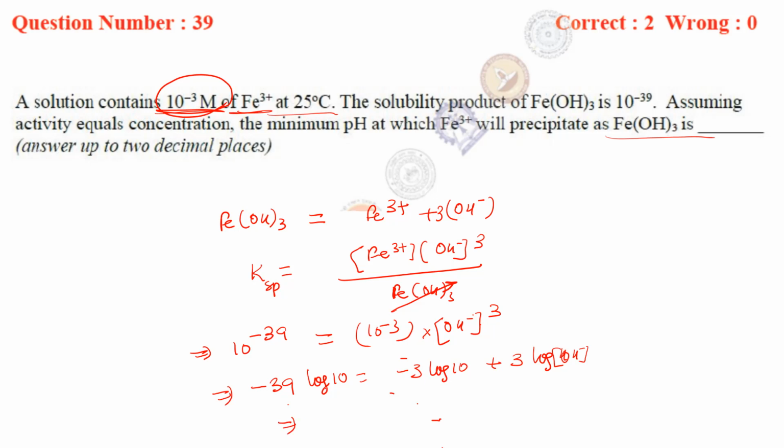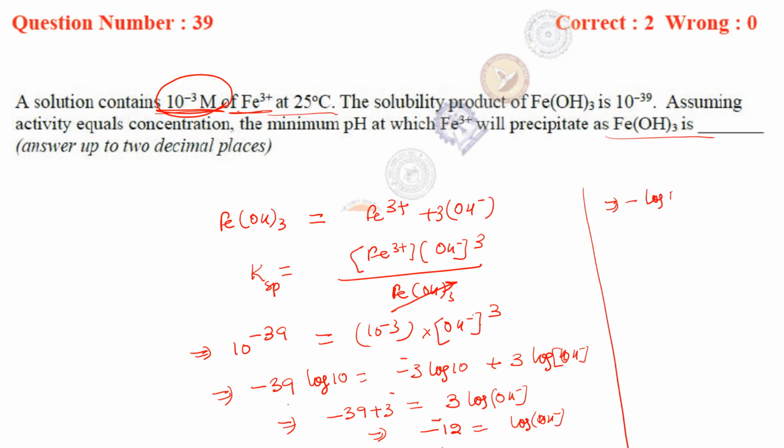So minus 39 plus 3 is equal to 3 log OH minus. This implies minus 12 equals log OH minus. So minus log OH minus is equal to minus 12, which means pOH is 12.